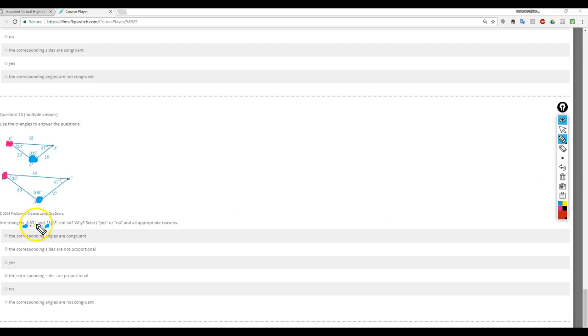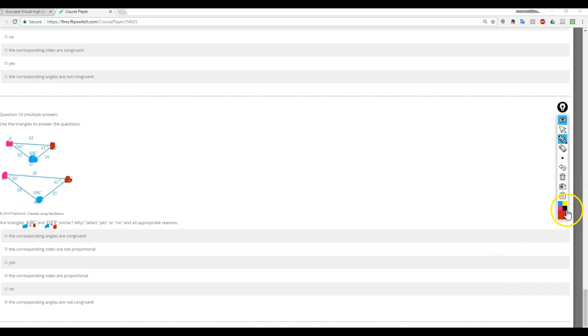And the third listed is C, and the third in our second triangle listed is F. So C is 41 degrees, and F is 41 degrees. So since all of our angles are congruent, we're part way finished with checking for similarity.